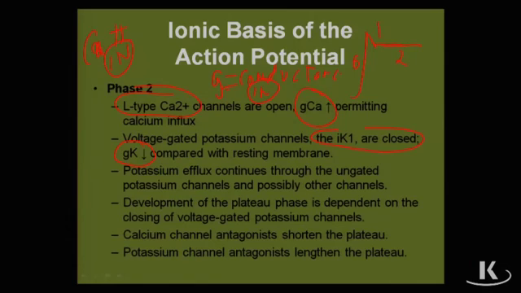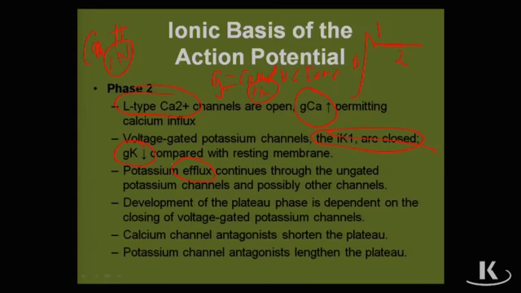How come it doesn't become negative given the fact that potassium is leaving? Potassium is leaving, but calcium is going in. They balanced. Some of the potassium channels are closed off. That's why in the net you have just as much calcium going in as you have potassium leaving, and it stays constant.